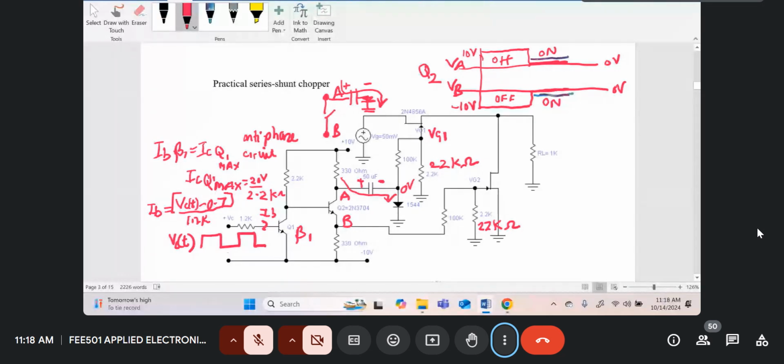So it must mean that the voltage VG1 is equal to 0 volts times 22K over 100K plus 22K, which is approximately equal to 0.